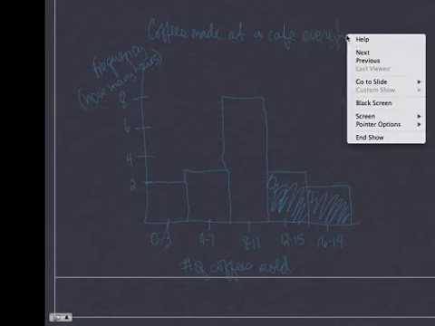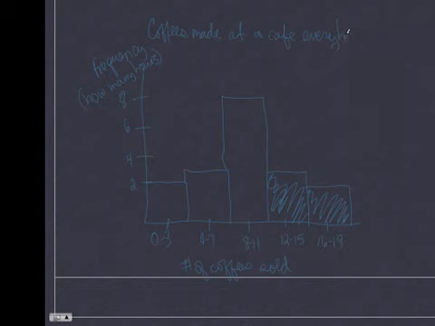Now, do you remember when we first were looking at the data set, I mentioned that the establishment was open for 18 hours? Well, if that's true, and this represents the number of hours and how many cups of coffee were sold, I should be able to add up each of these frequencies and it should add up to 18, the total hours it was open.